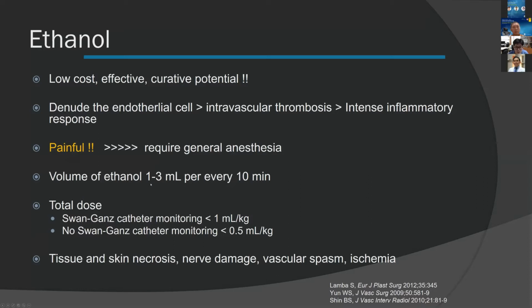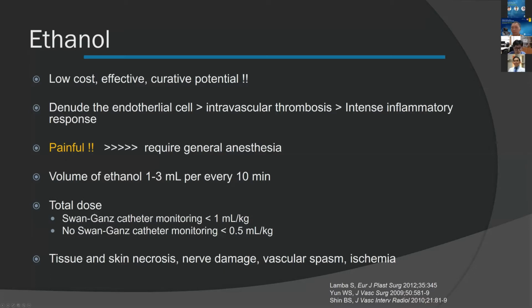To avoid pulmonary hypertension, the volume of the ethanol injection should be limited up to 3 milliliter per single bolus injection, with an interval of 10 minutes. It is very important to avoid significant complication.